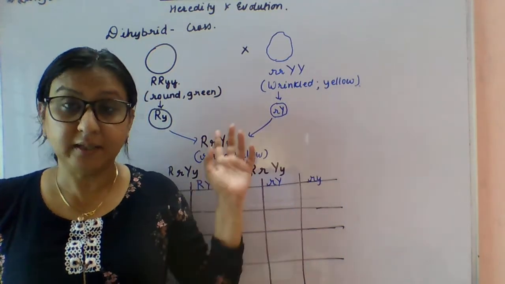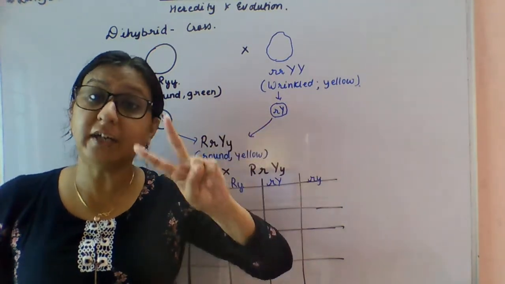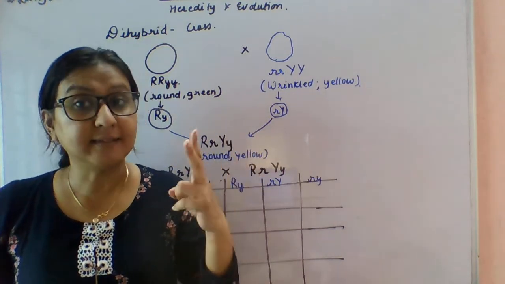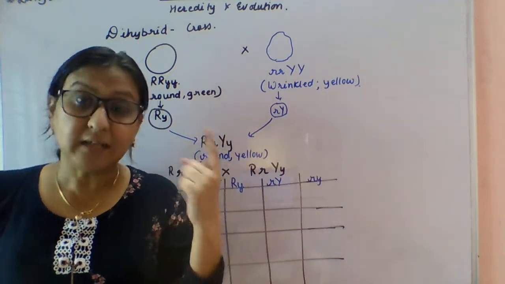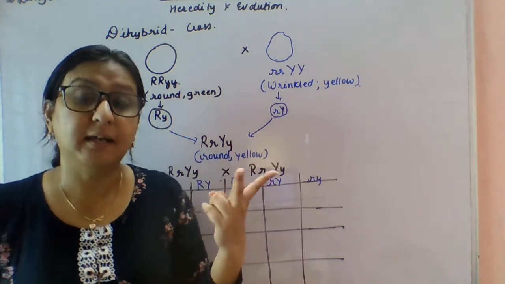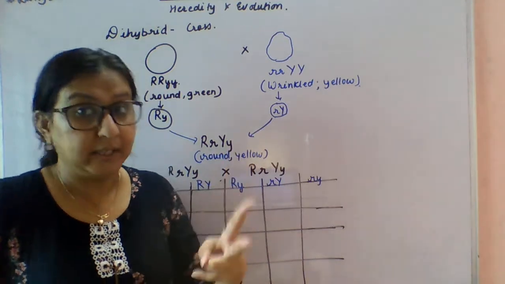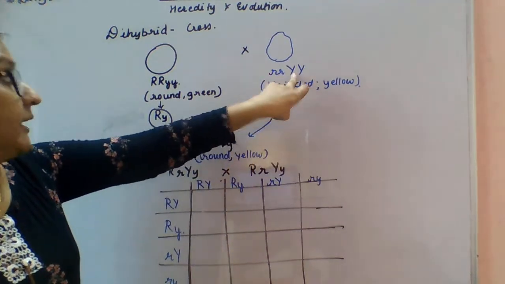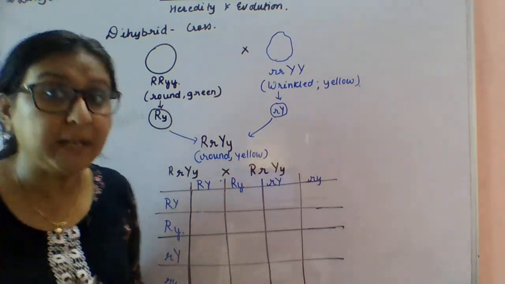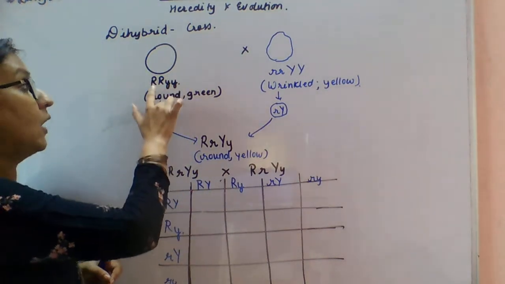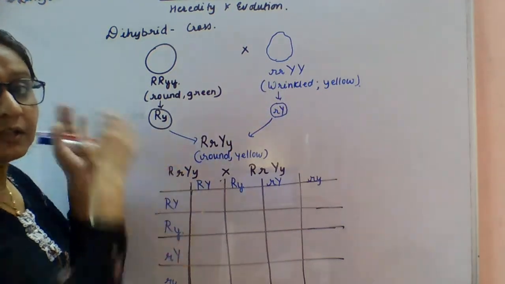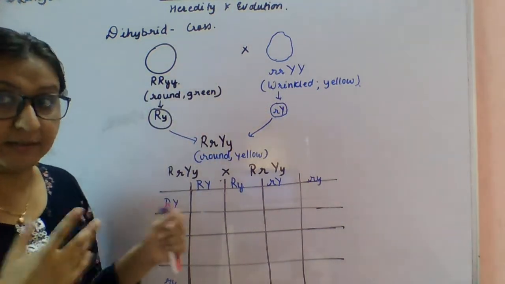In this example we are taking two traits, that is the seed color and seed shape. Seed color has two colors, yellow and green. Yellow is a dominant trait and green is a recessive trait. When we talk about the shape, round is the dominant shape and wrinkled is the recessive trait. Now we are crossing these two pairs of contrasting characters with each other.